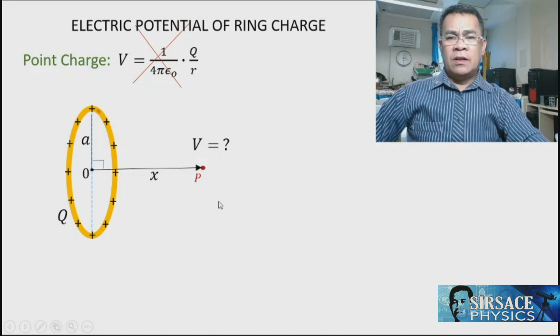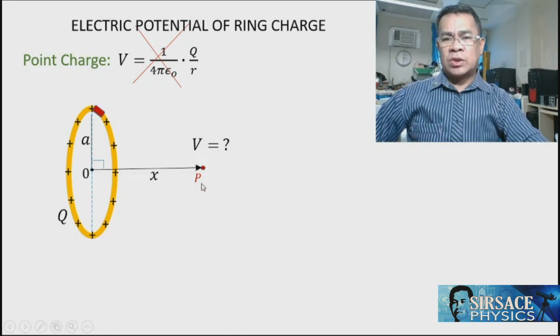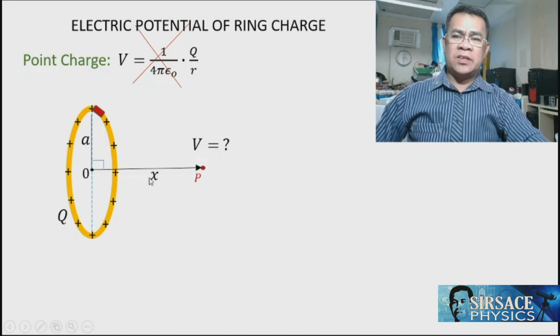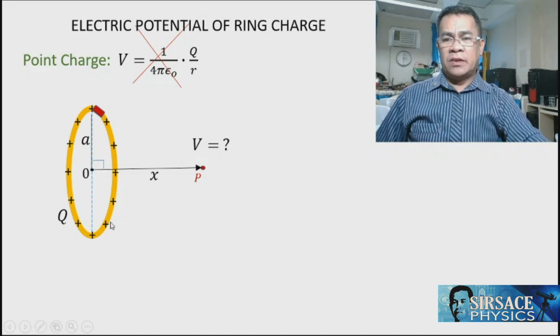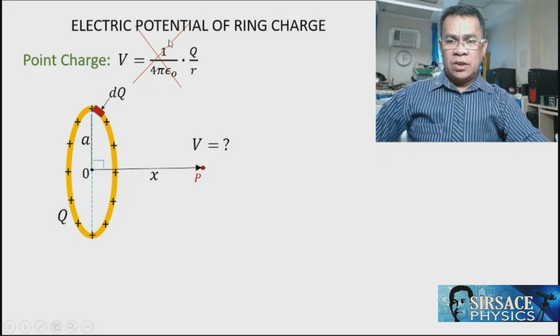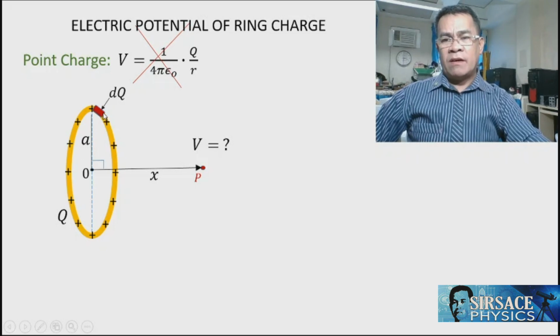So what will you do in order to solve for the electric potential of a ring charge from the center of the circle? The strategy is to consider a segment of the ring. Call this dq. Then we will consider this as a point charge. If we cannot use the formula directly, then let us divide this ring into its segments, a very, very small charge, call it dq.